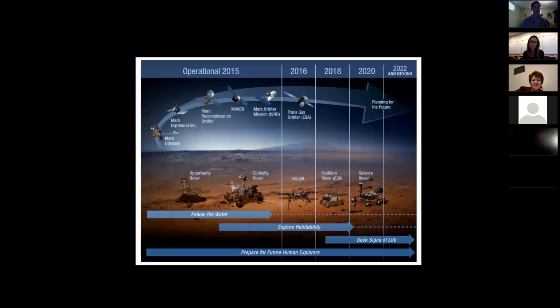They're cheap, and you can fly legacy instruments, instruments that have already been proven to work in space. So it's like an off-the-shelf kind of mission, and I think that would probably be the direction with Venus.